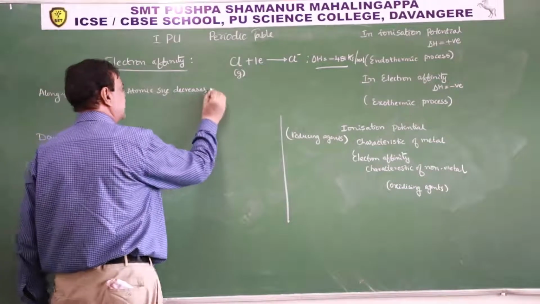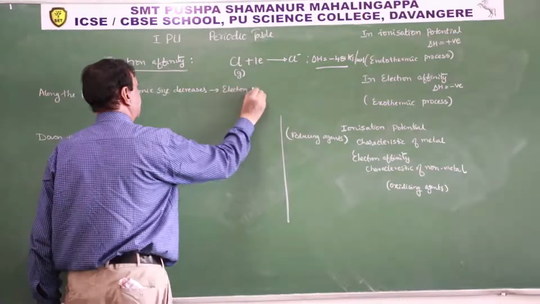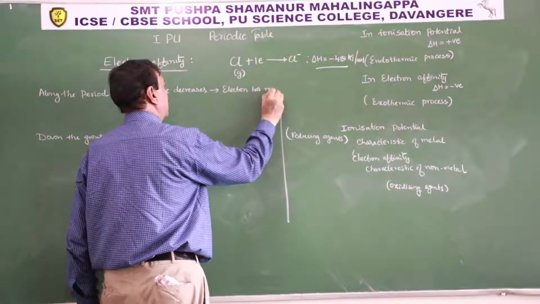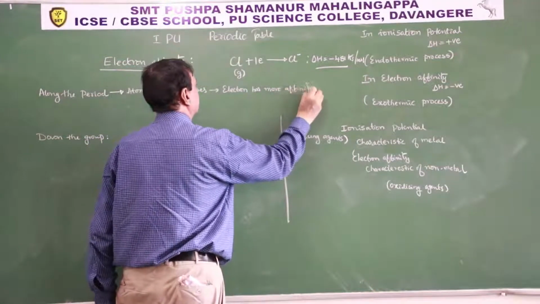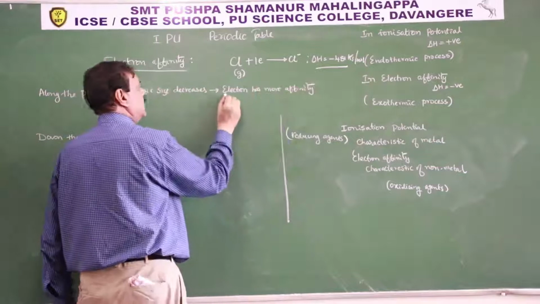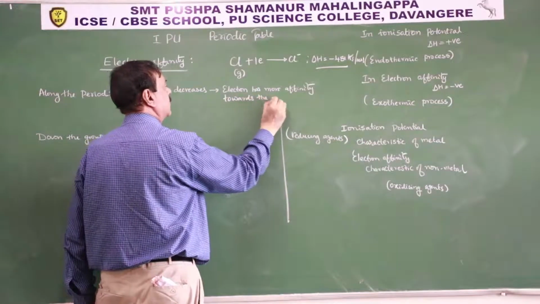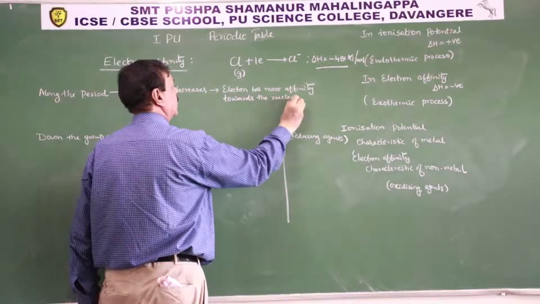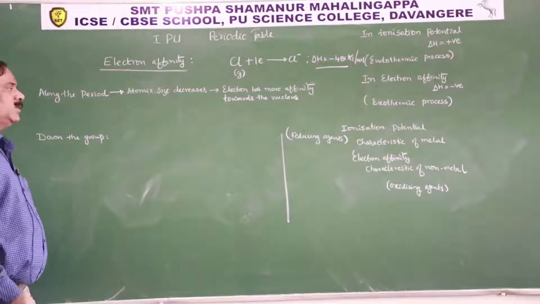Therefore, when atomic size decreases, the electron has more affinity towards the nucleus.